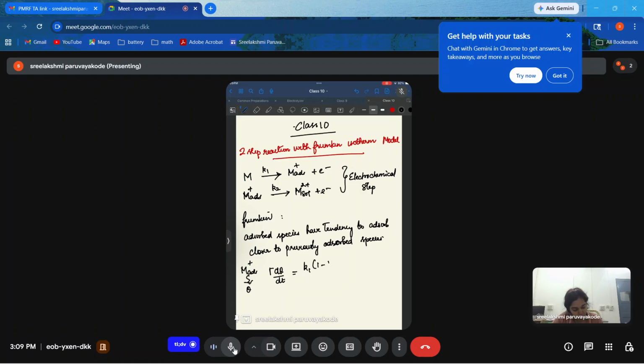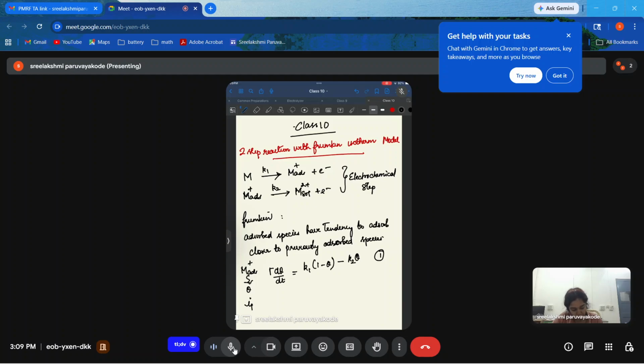So K1 into 1 minus theta, where 1 minus theta is the fraction of bare metal sites, because the rest is occupied by M adsorbed. In the next step, the M adsorbed is getting consumed, so you have minus K2 into theta. This is the normal mass balance expression.